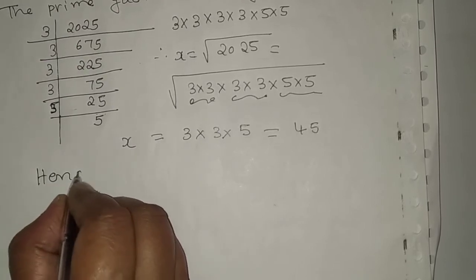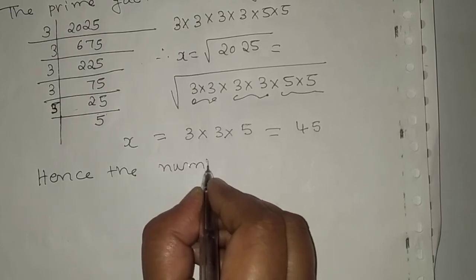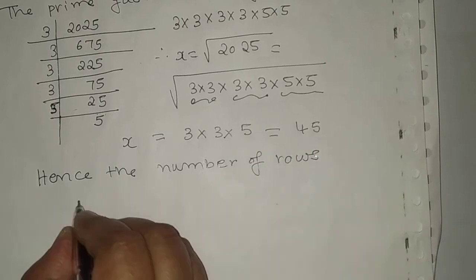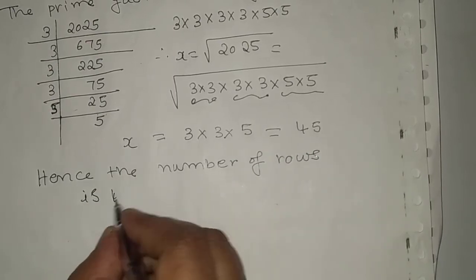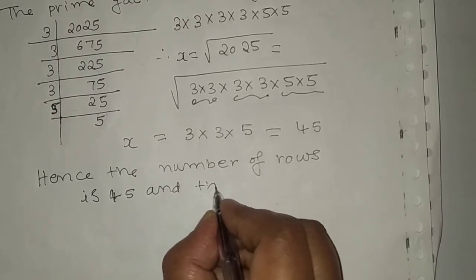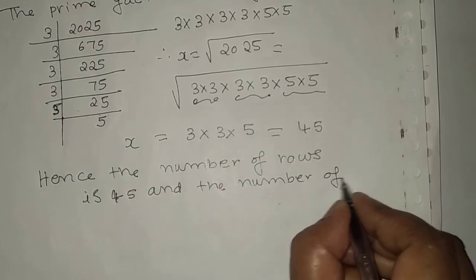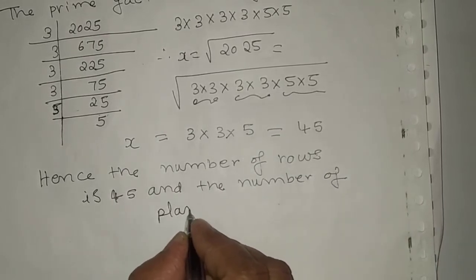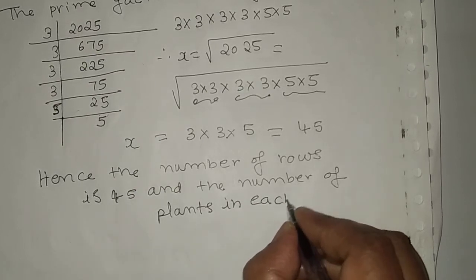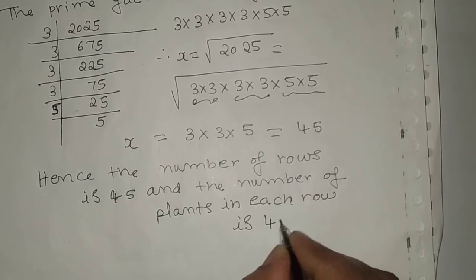Hence the number of rows is 45, and the number of plants in each row is 45.